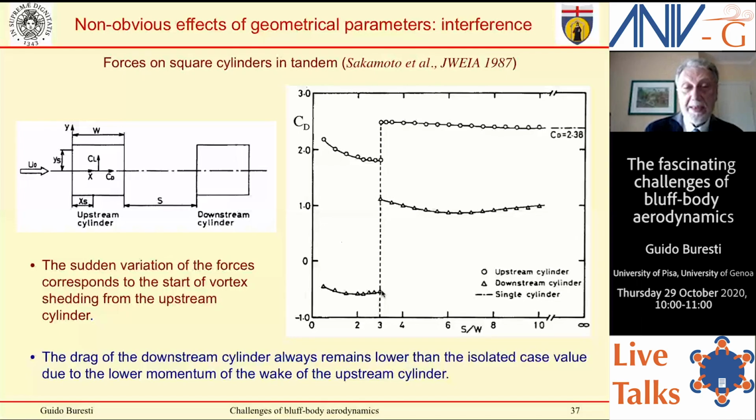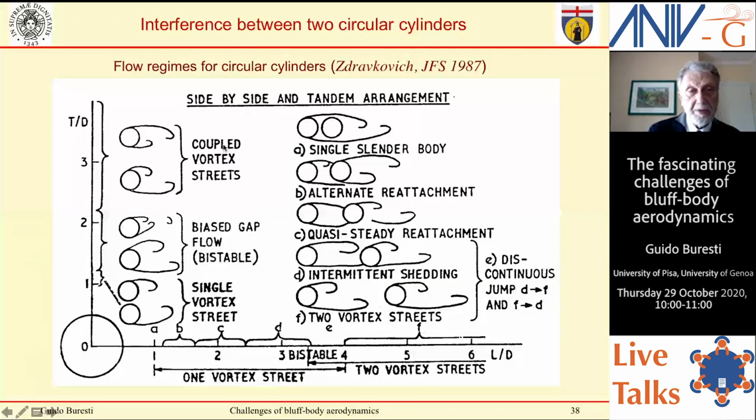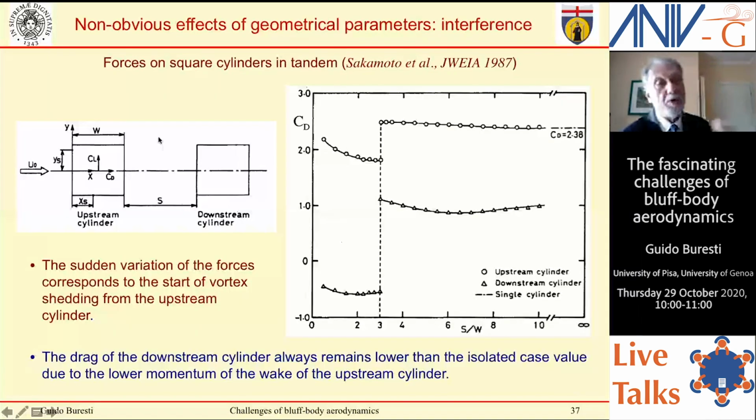But what happens here? What is the reason? For lower values of this distance, the shear layer detaching from the sharp leading edge of the upper cylinder separates and then reattaches on the side of the downstream body, and you do not have vortex shedding here. And in this region, you actually have a more or less steady region with low pressures.